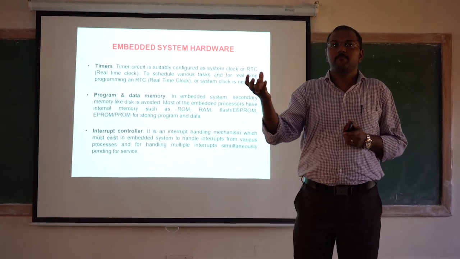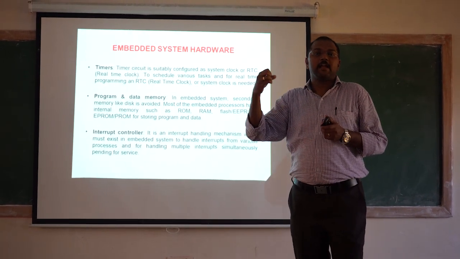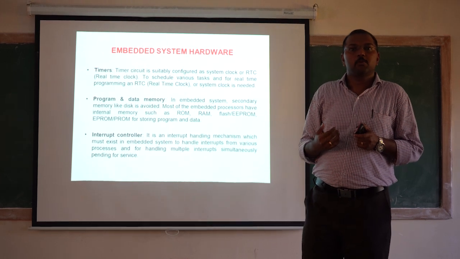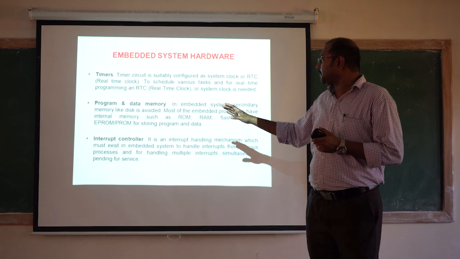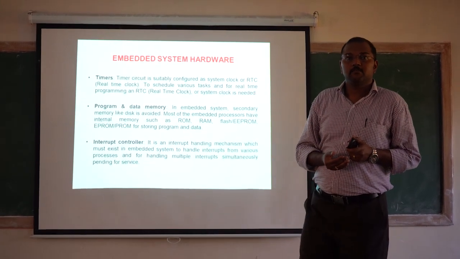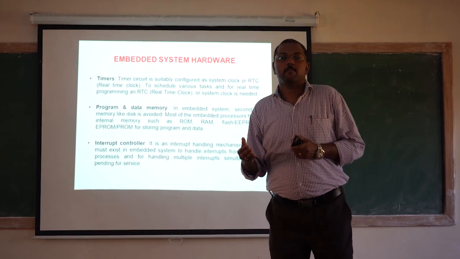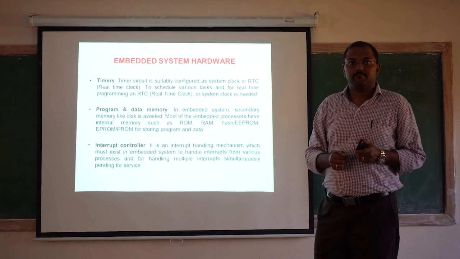After that, your processor executes that particular interrupt and goes back to the original state. So whatever the interrupt is, interrupt handling is mainly based on the priorities. According to the priority, this interrupt will be serviced.